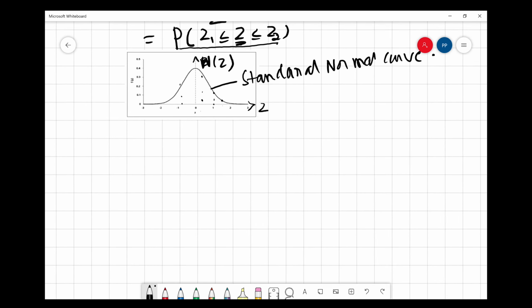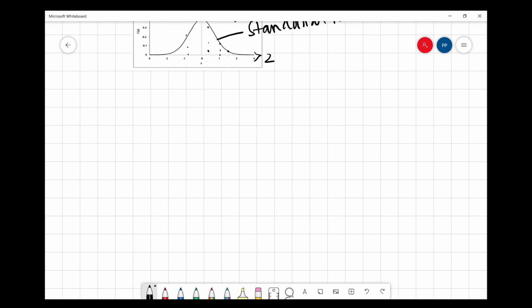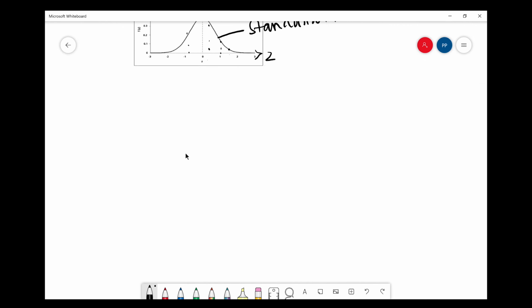I already told you that we make use of a table called the standard normal distribution table.